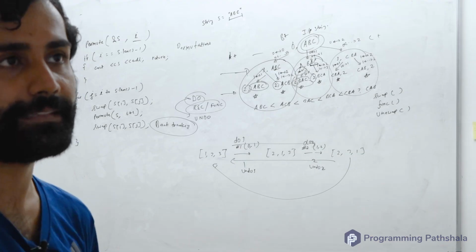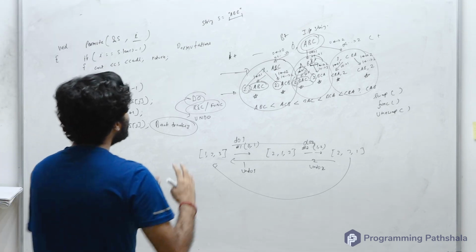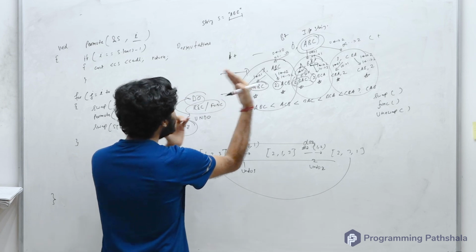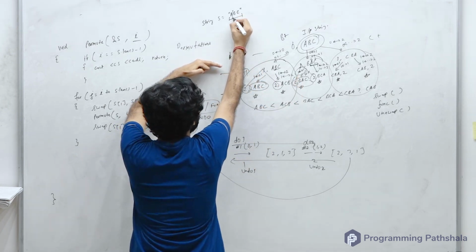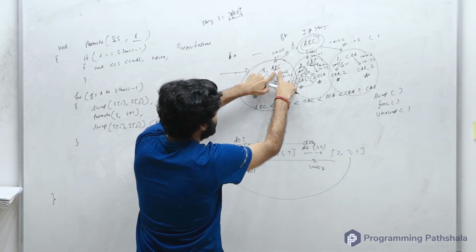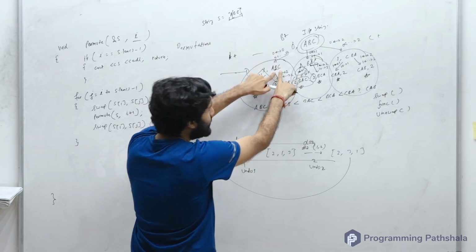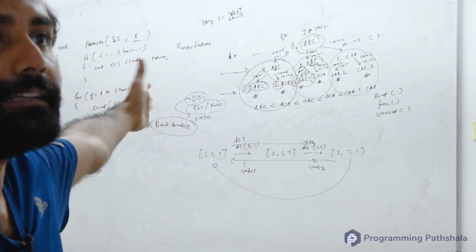But it totally depends upon your remaining string. So let's say if you are at level 1, then the remaining string is from here to here. Your remaining string should also be sorted, because if your remaining string is not sorted, then this argument does not hold.